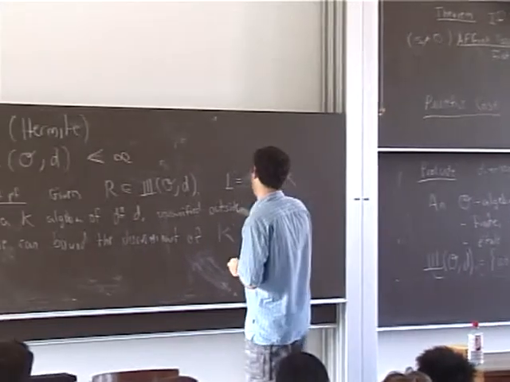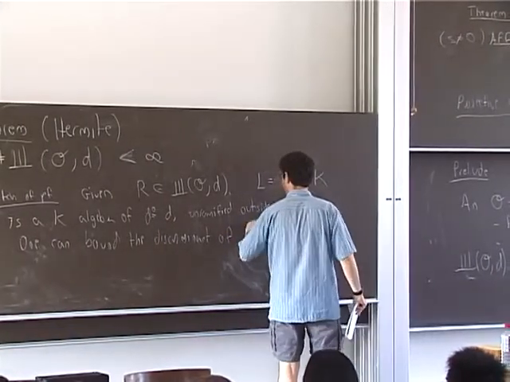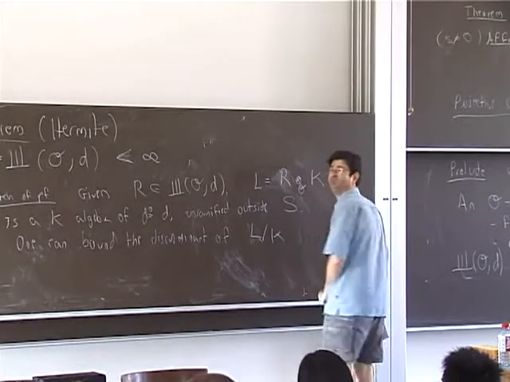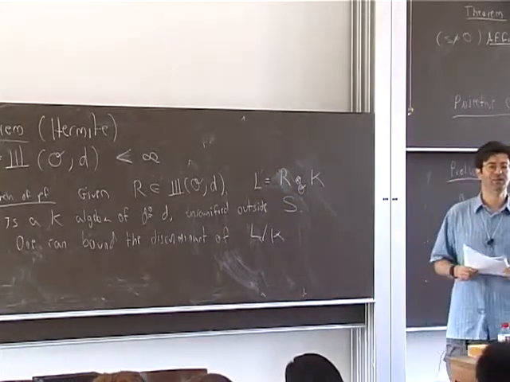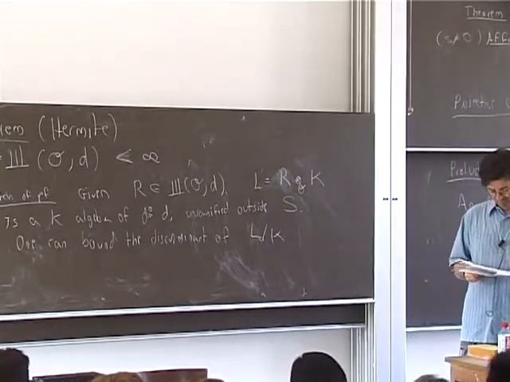Yes, one can bound the discriminant, of course, of L over K, of that relative extension.